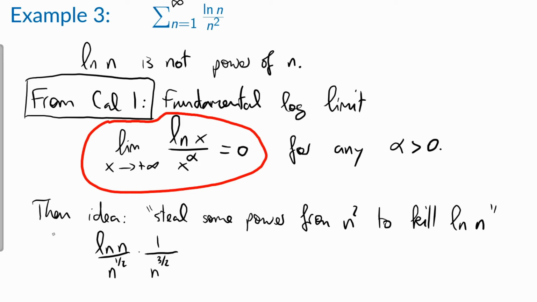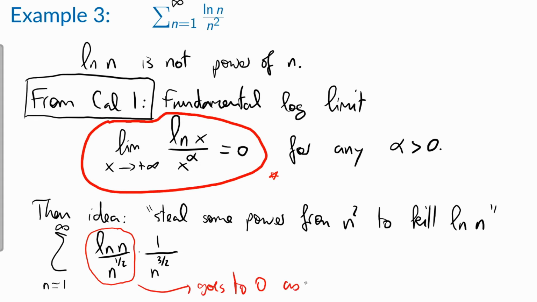So we have this series from n equals 1 to infinity of ln of n over n to the 1/2, times 1 over n to the 3/2. And so this bit right here goes to 0 as n goes to infinity. And then we're left with this term right here.